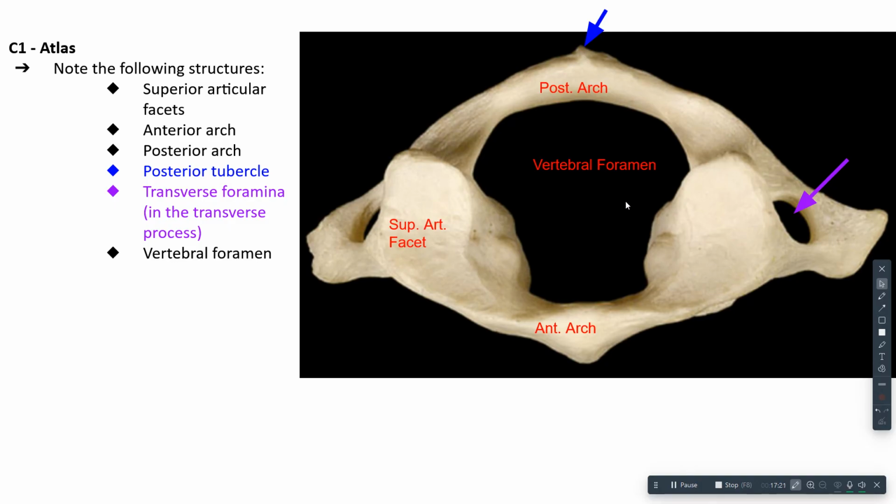We do have a transverse foramen because this is a cervical vertebra. We also have a vertebral foramen, of course, between the two arches. Now, this superior articular facet is going to articulate with the occipital condyle, which is where you are going to say the yes motion.